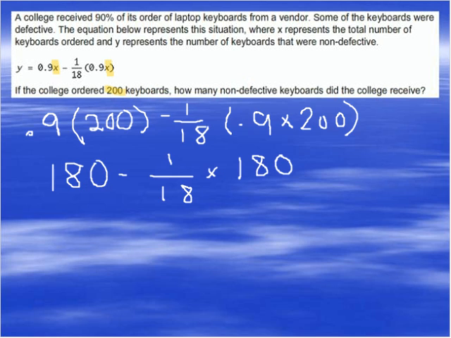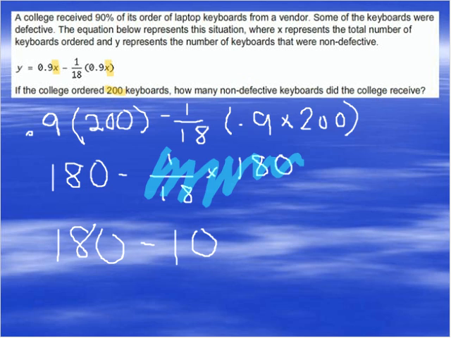Alright, I do have multiplication and division to worry about before addition or subtraction, so I am going to multiply 1 over 18 times 180, and they make this really nice for us. We do have the 180 out front still. So 180 divided by 18 is 10. So at least they made that nice for us.